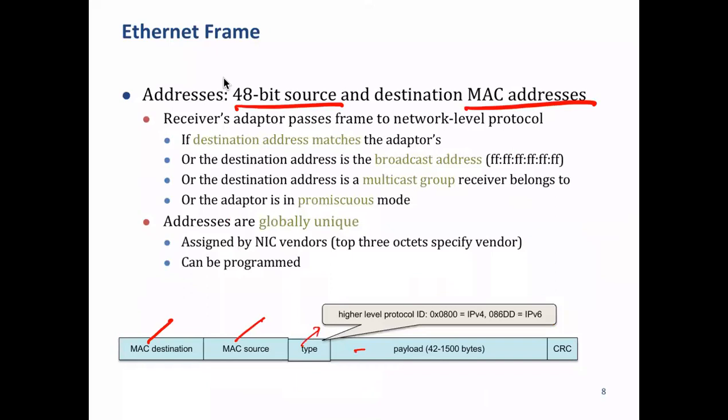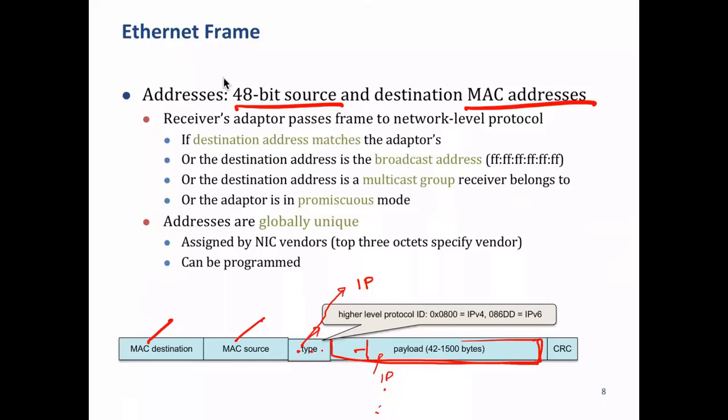The type field is used when you are using IP, Internet Protocol data, because the IP packet will sit inside. So how will the receiver know that the data corresponds to IP? The data could correspond to hundreds of protocols. The type field has a bit pattern that says it's for IP.